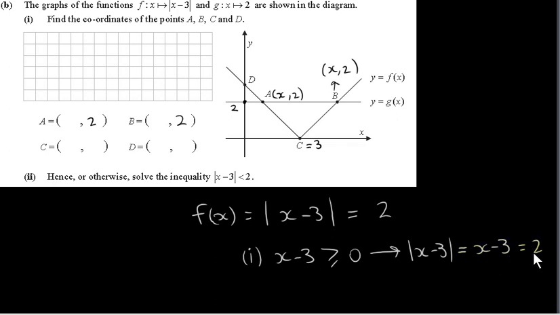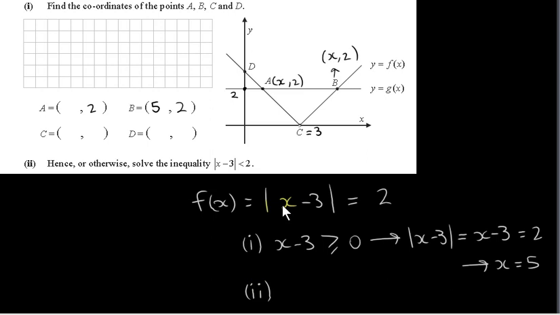So we just have to solve the equation x minus 3 equals 2, from which we get x equals 5. You can see from the diagram that since this point here has coordinates 3, 0, this point here must have coordinates 5, 2. So we must be referring to point B for this case.